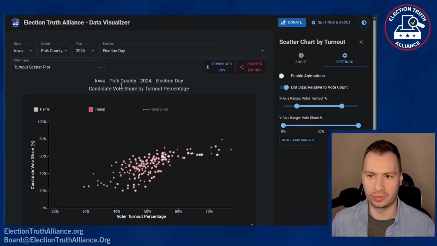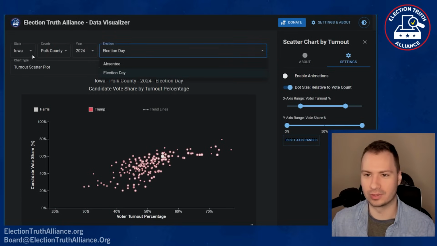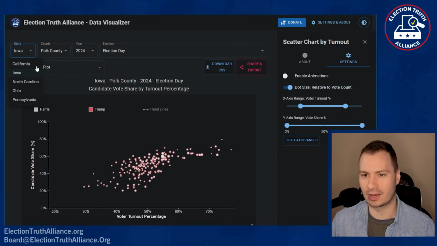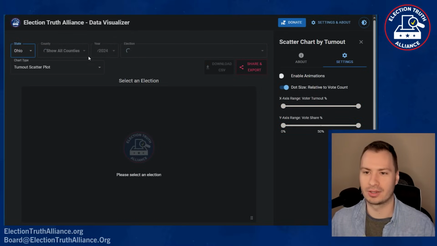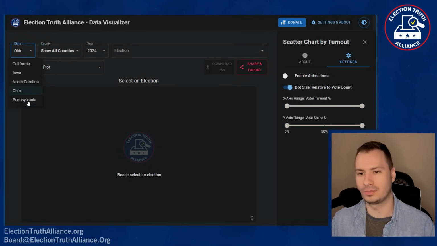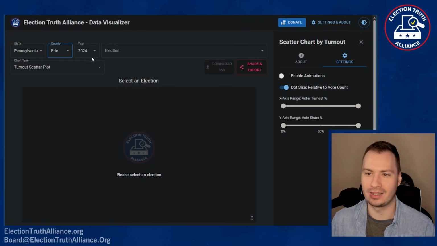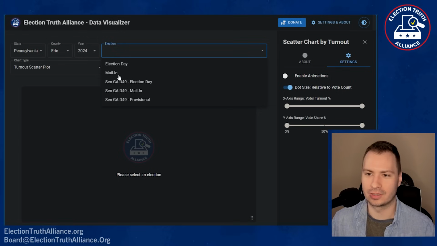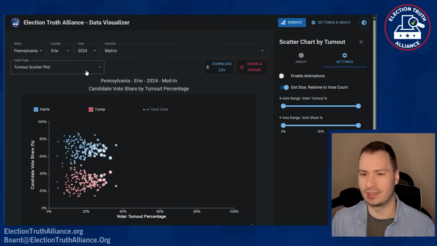As we showed you before, with a more normal election, it's going to look more like what California has. Or if we want to look at Erie County, I love Erie County. Their mail-in and their election day. It's just so good to look at. Sorry, we go to Pennsylvania, we go to Erie. And to close this out, we're going to look at their mail-in again in the turnout analysis.